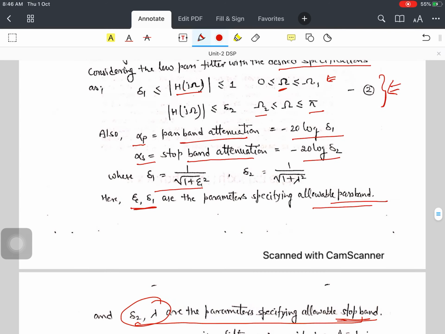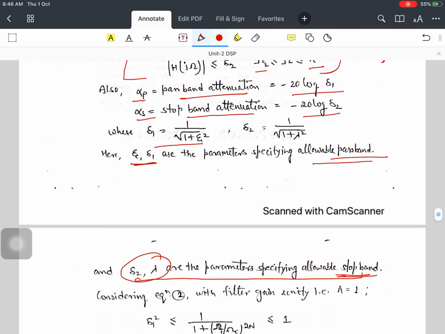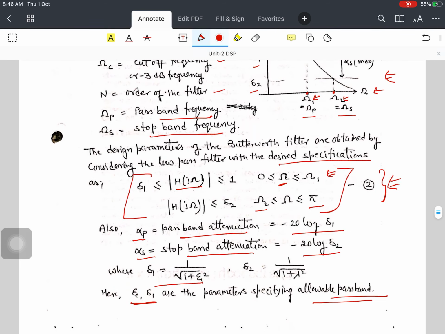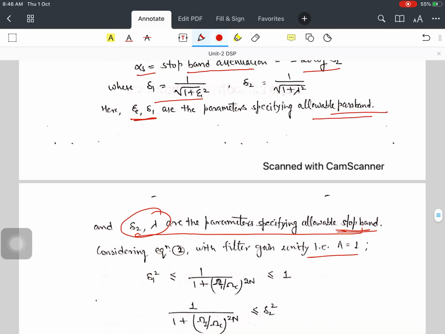So now consider equation 2, which is given by this. With unity filter gain, we are going to consider A equal to 1. Clear? So when you put A equal to 1, del 1 square is less than or equal to 1 upon 1 plus (Ω1 upon Ωc) to the power 2N, less than or equal to 1.